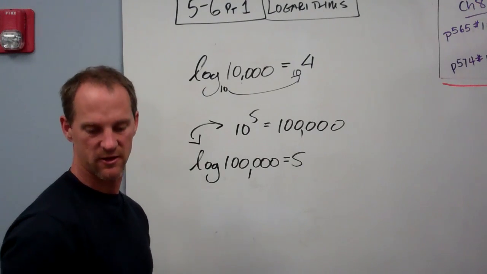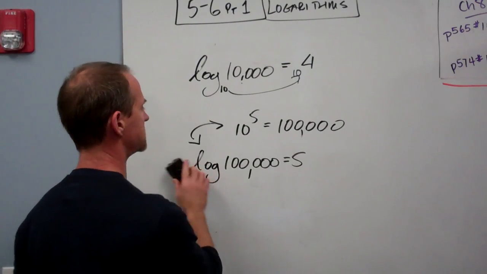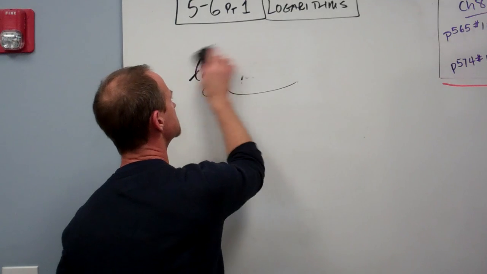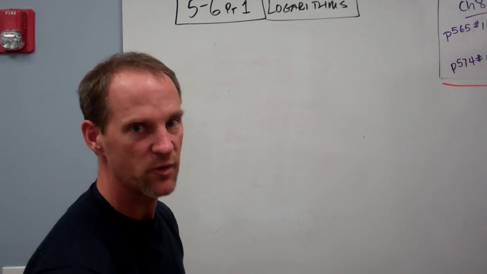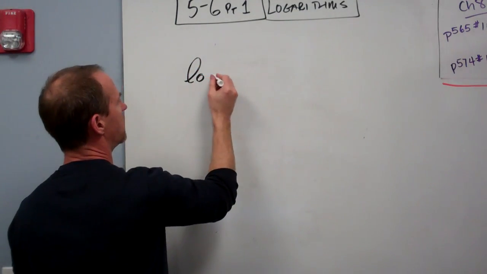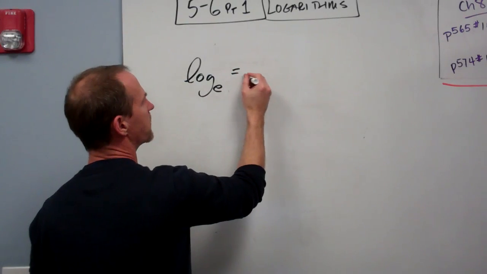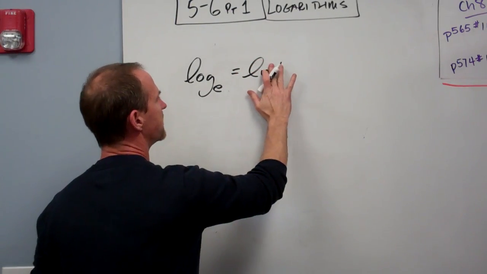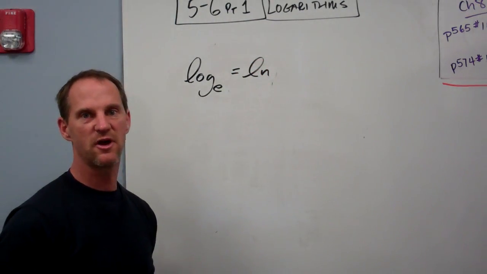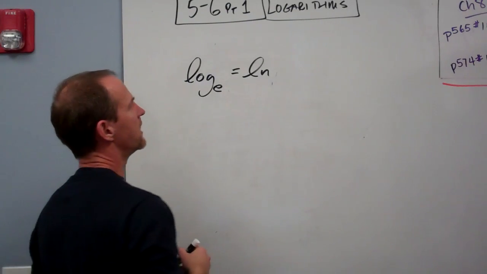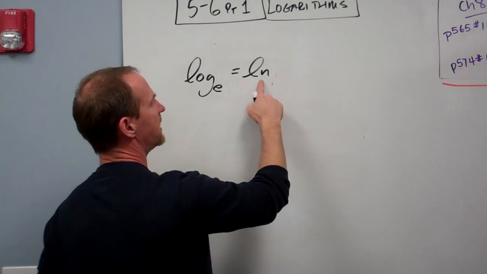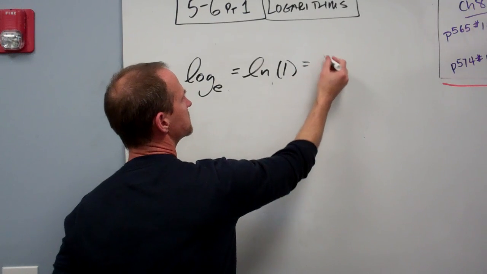The other logarithmic base that we run into a lot is the natural logarithmic base, and we denote that by not writing log base e, but we write log with an n there. Oops, sorry. ln, natural log. All right? So if I said the ln of 1, what is that equal to?